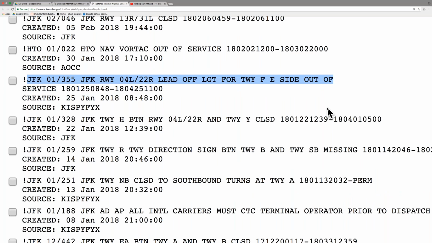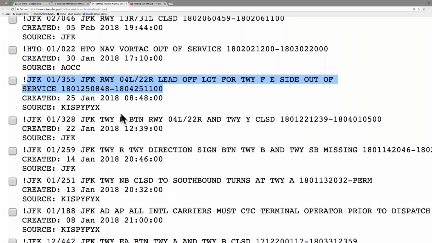Yvonne, why don't you take a stab at that one? So it's the 355th NOTAM in January at JFK, runway 04L and 22R. The leadoff light for TWY, I don't know what TWY is.